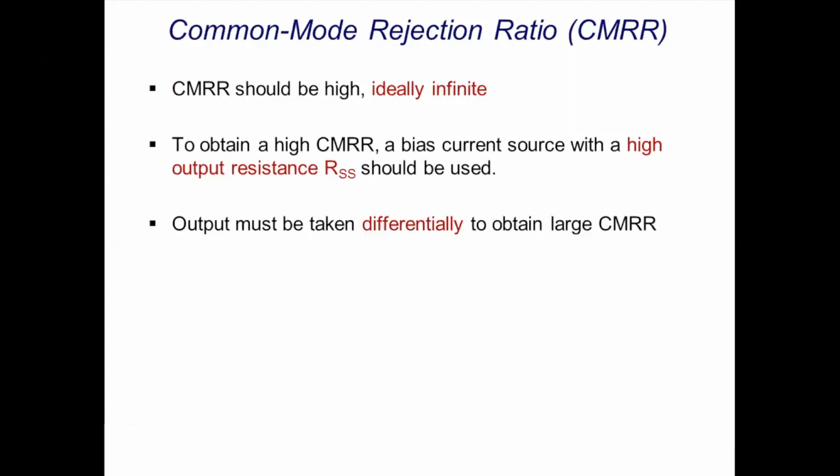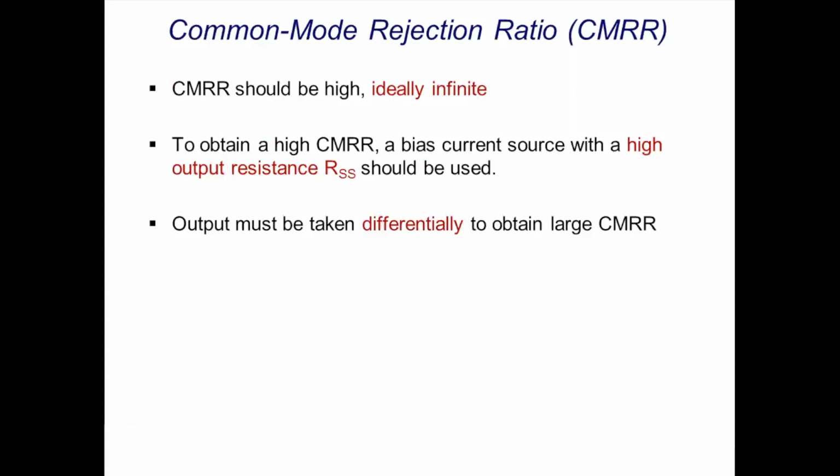One is that your common mode gain should be as small as possible, that is, near to 0. If your common mode gain has to be very small, then there are two possibilities. One is that your drain resistance RD should be as low as possible, or the output resistance of the current source should be as high as possible.